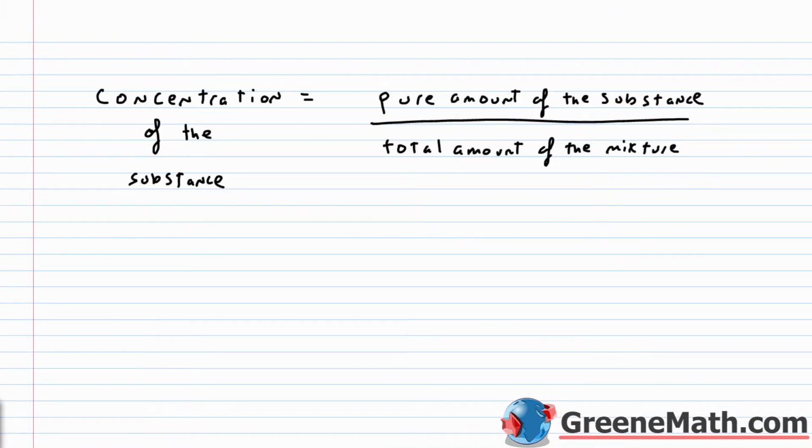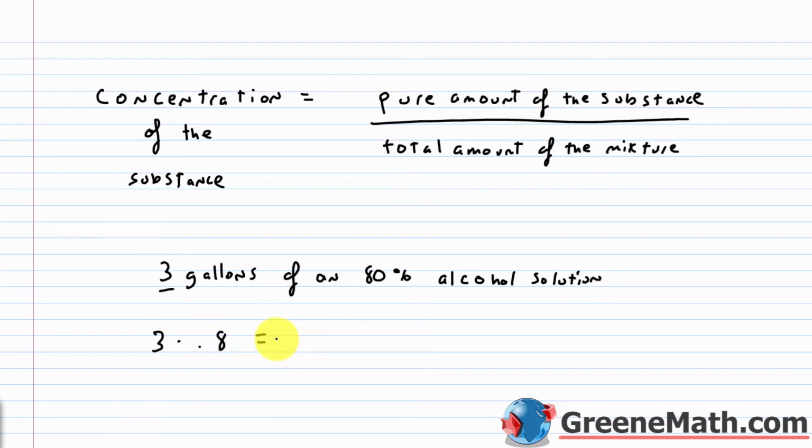So if I've got 3 gallons of, again, an 80% alcohol solution, how much pure alcohol is that? Well, I basically just take 3 and multiply it by 80% or 0.8 as a decimal. So 3 times 0.8 gives me what?